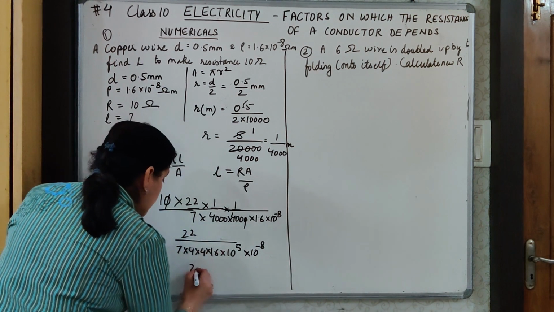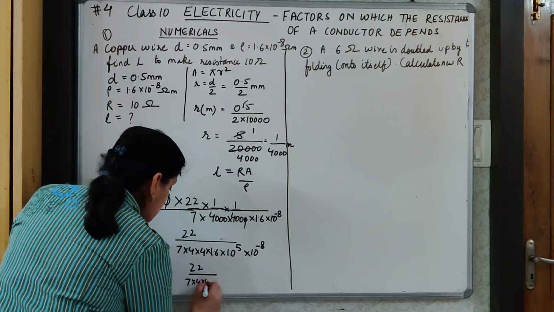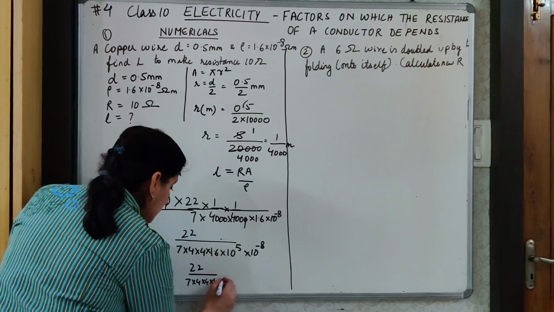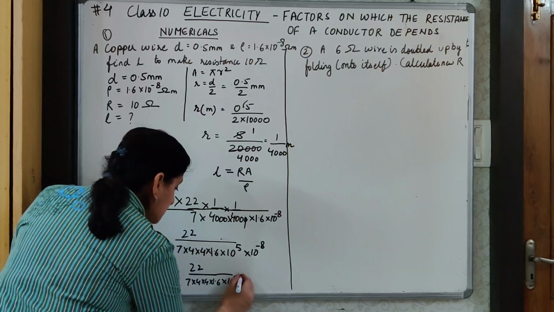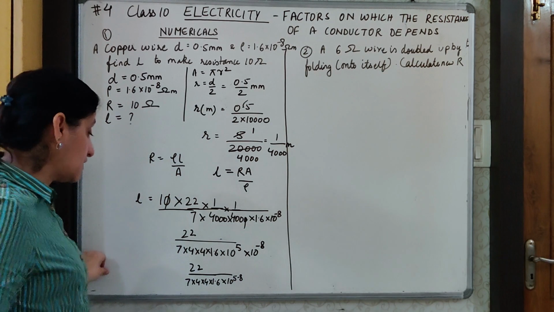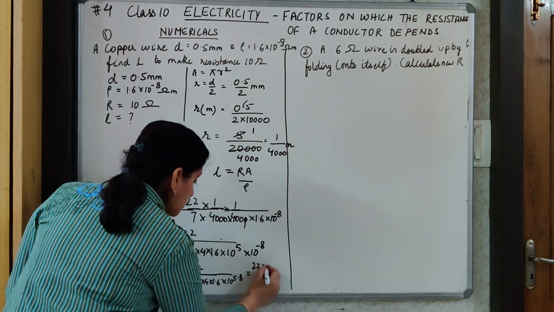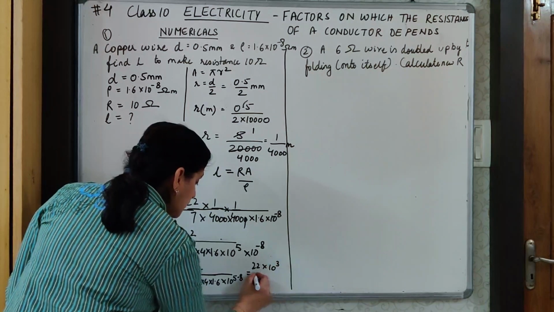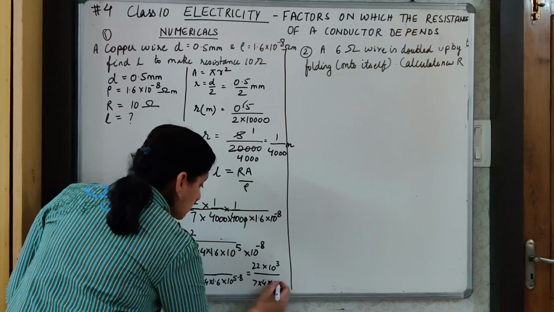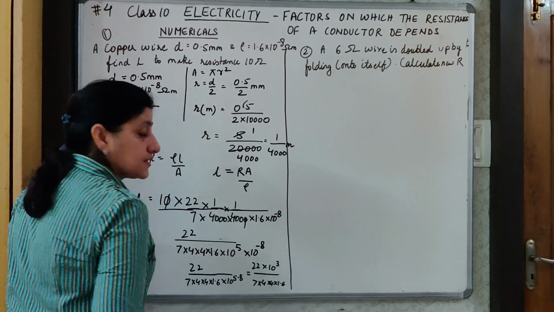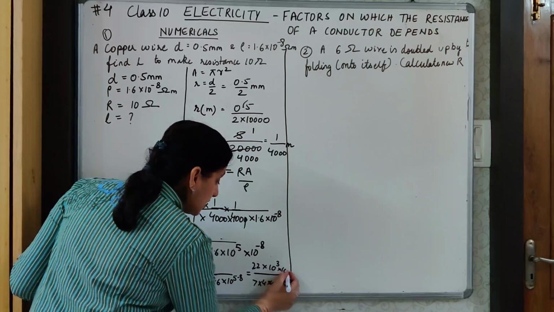So I get 22 upon 7 into 4 into 4 into 1.6 into 10 raised to the power 5 minus 8, which gives me minus 3, which I will take to the numerator. So I get 22 into 10 raised to the power 3 upon 7 into 4 into 4 into 1.6. This is one more decimal I take here, I multiply by 10.